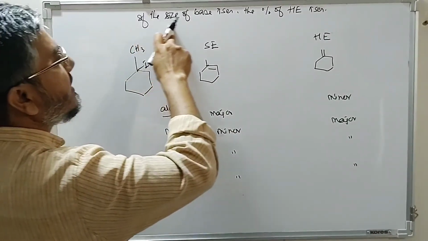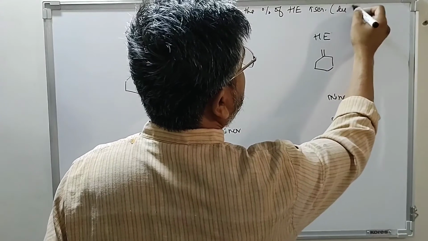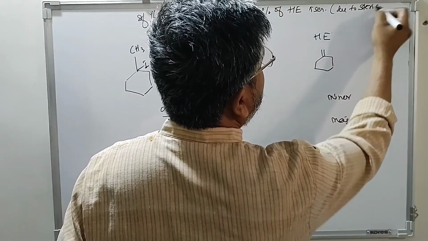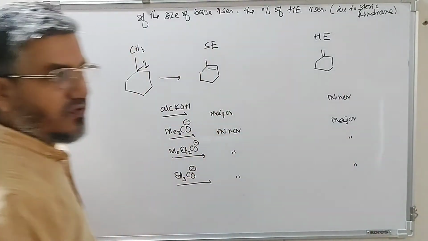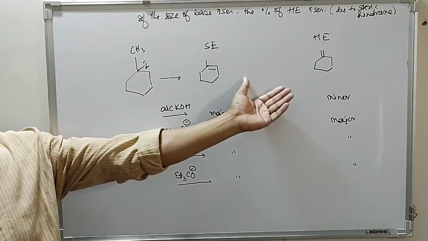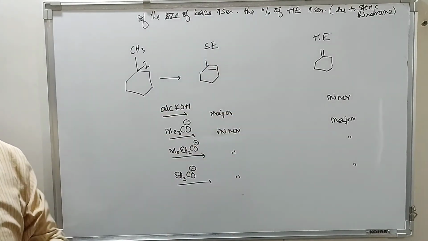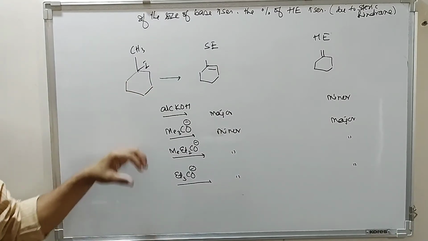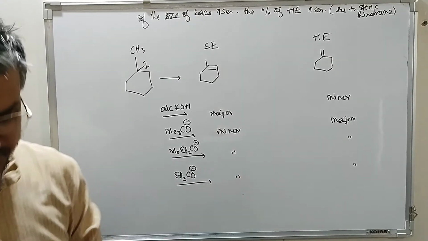So as the size of base increases, the percentage of Hofmann increases due to steric hindrance. As the steric hindrance in the transition state increases, stability decreases, so the quantity of Saytzeff product decreases. So along with this, we have to see the size of base for this elimination product also.